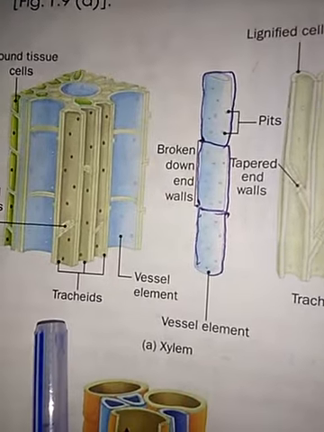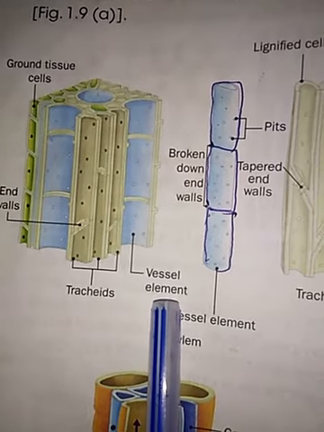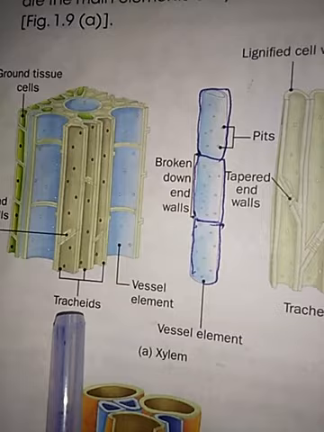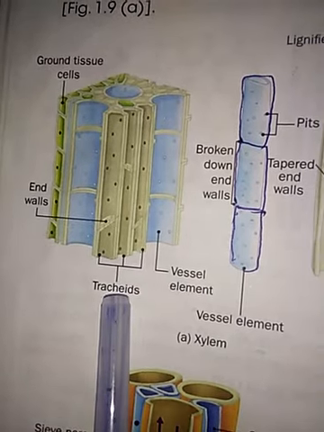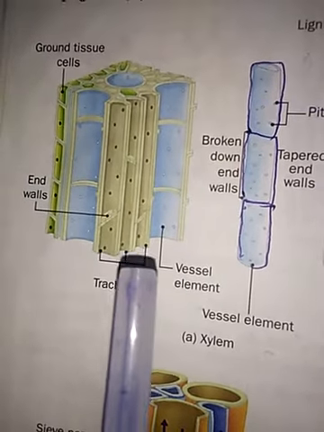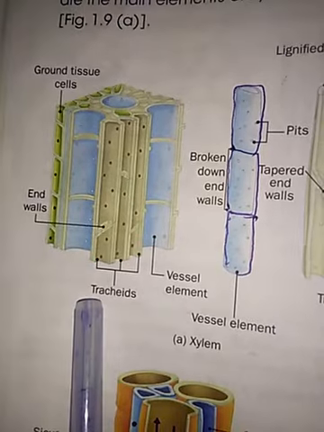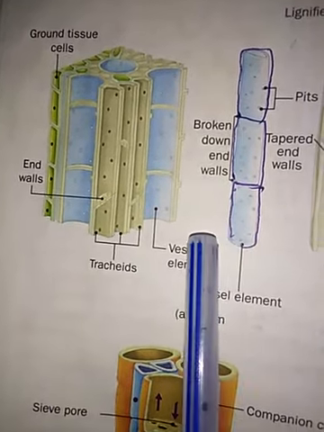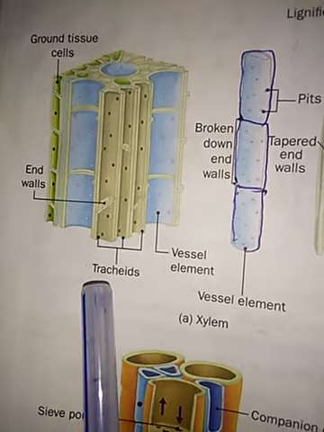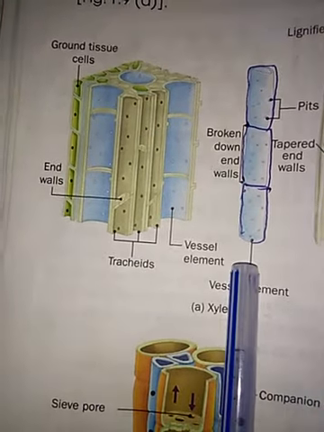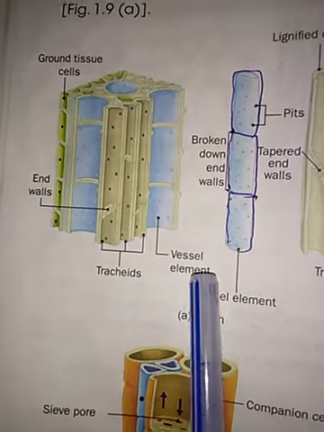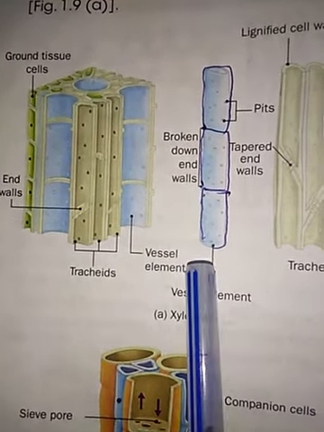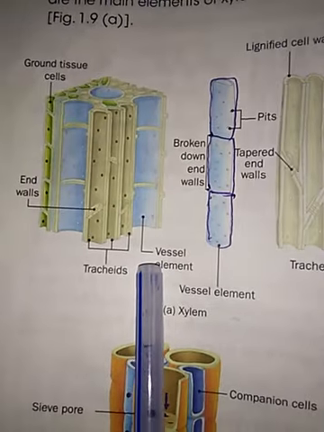What is the use of tracheids and vessels? They transport water. They are the main elements of xylem. Without these elements, the xylem cannot do its function.